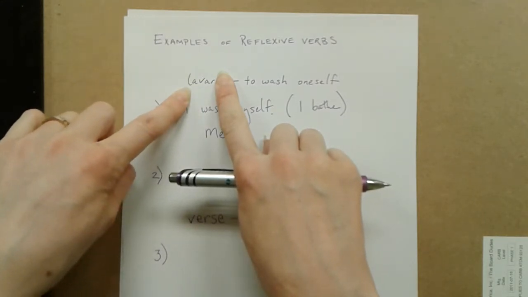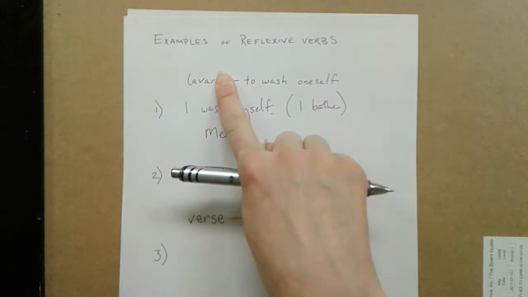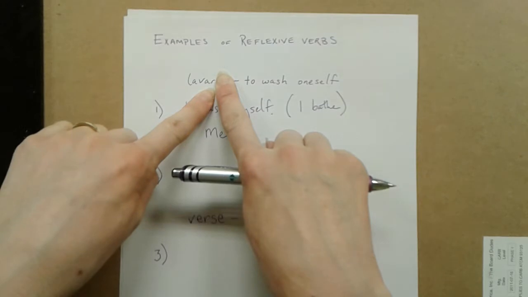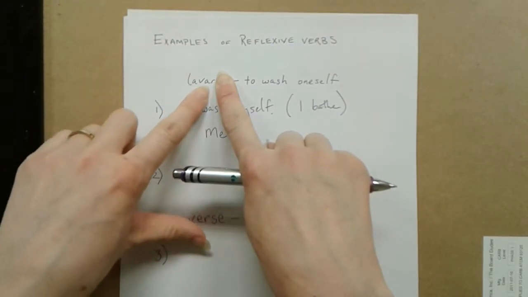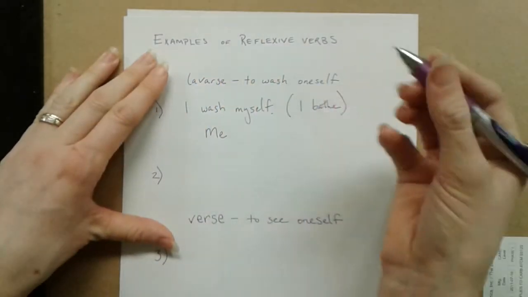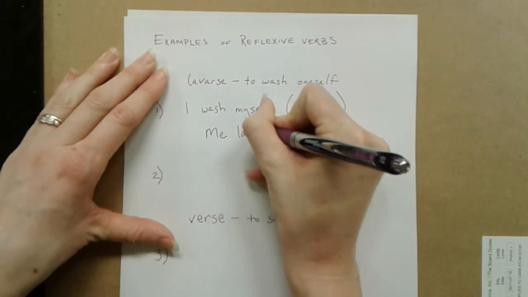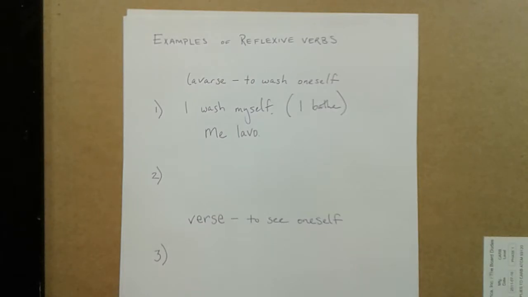And we'll just use present tense here, but if you're talking about when you bathed in the past, you would just change your ending to a past tense ending. But here we're just talking about present tense. So lavar, the AR comes off and you put an O for I wash. So me lavo becomes I wash myself or I bathe.